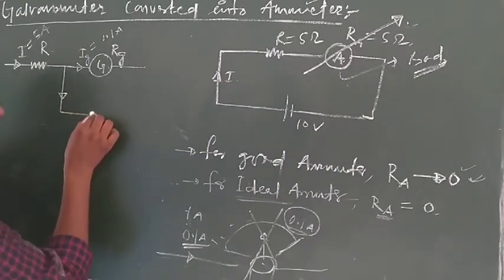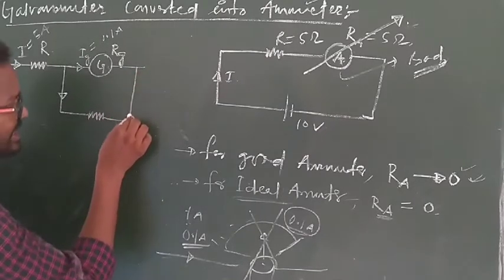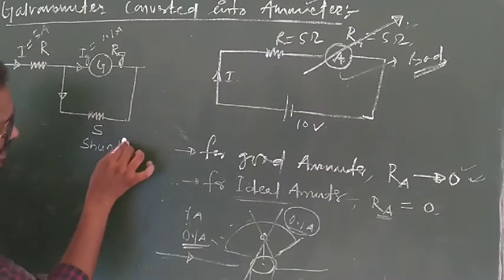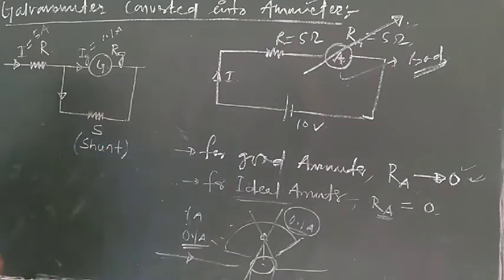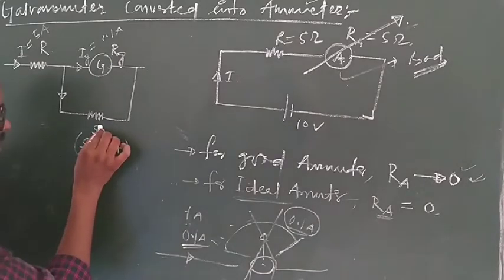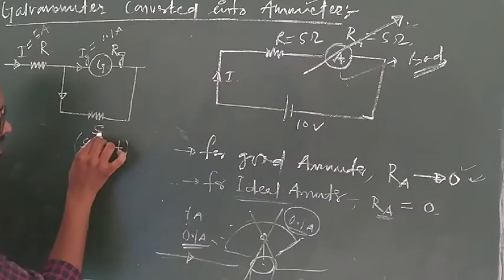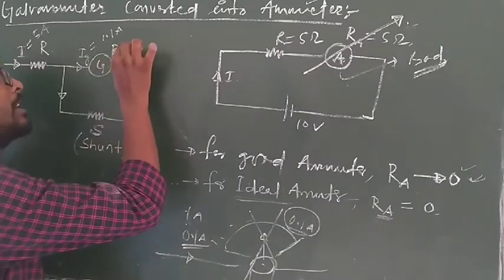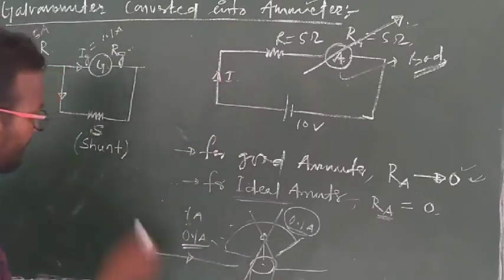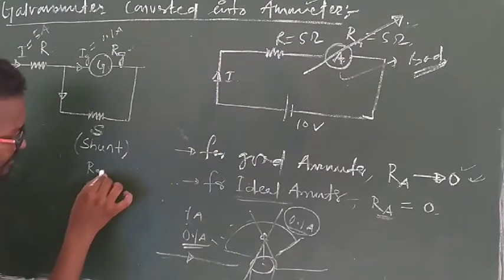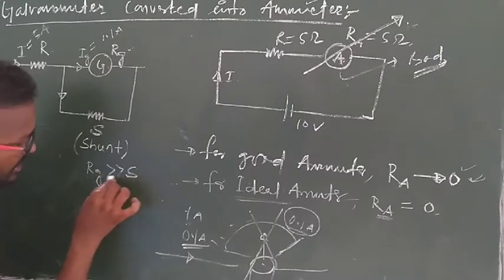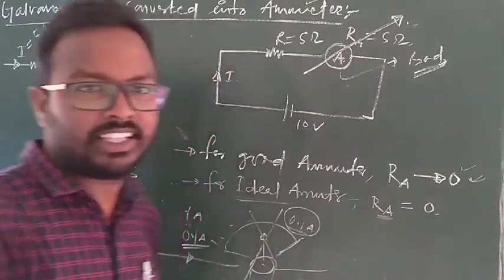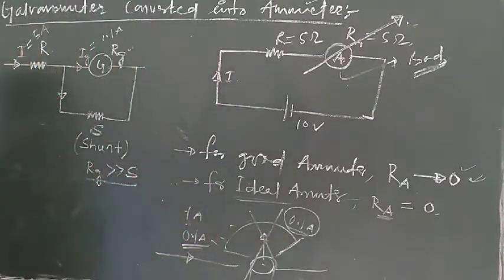And here we have to use a resistance, which is known as the shunt resistance. The value of the shunt resistance S is less than the galvanometer resistance Rg. That means Rg is much greater than S. Why? If resistance decreases, the current increases.